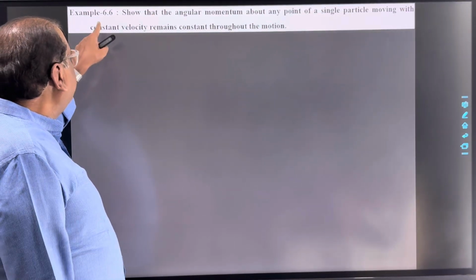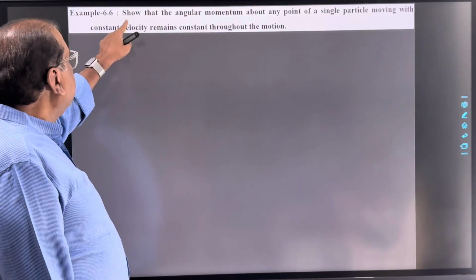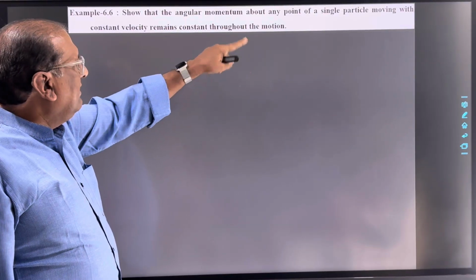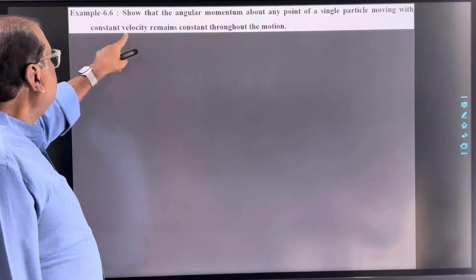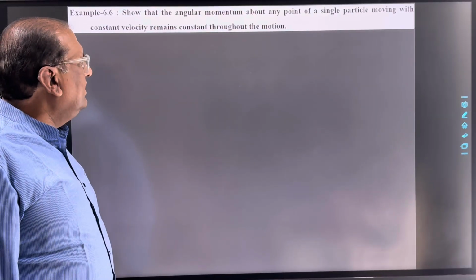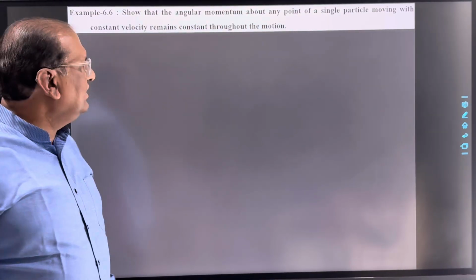Next, example 6.6. Show that the angular momentum about any point of a single particle moving with constant velocity remains constant throughout the motion.